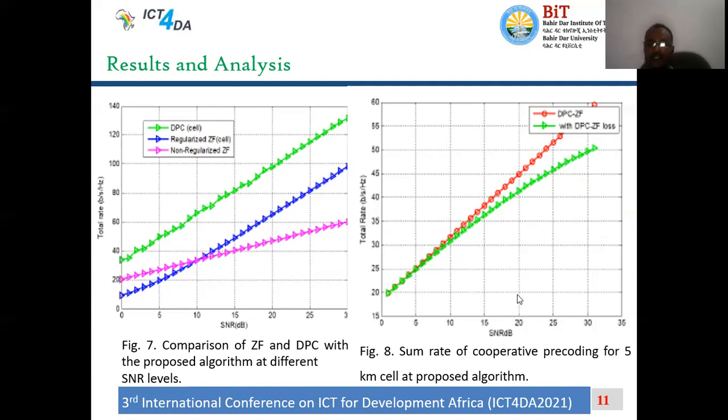And in this case, we have evaluated the total rate versus signal to noise ratio with the proposed cooperatively working dirty paper coding and zero forcing, and the regularized zero forcing, or hybrid dirty paper coding and zero forcing with some power penalty of zero forcing, for a cell range of 5 kilometers.